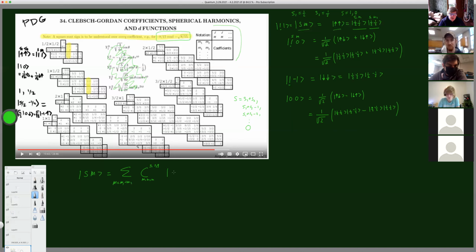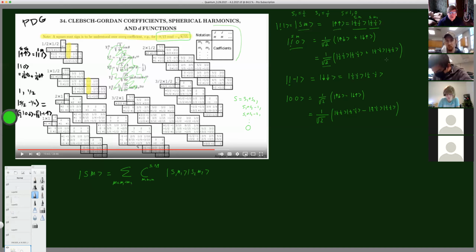And then times, of course, S1, M1, S2, M2. So if you look up here, that's exactly what we have. The Clebsch-Gordan coefficient for this state is 1 over the square root of 2 times this plus 1 over the square root of 2 times this. So let's go to the table.